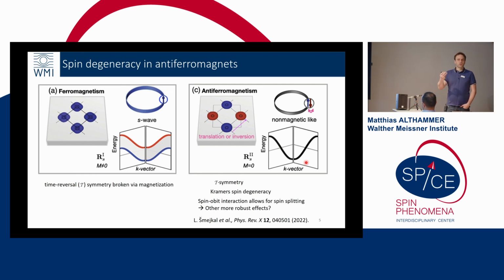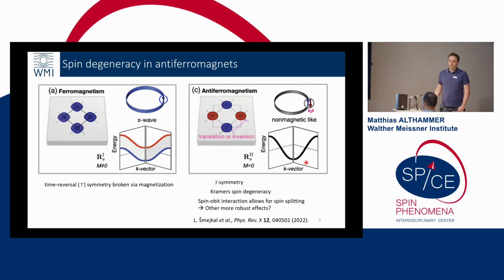Of course, you can always go relativistic and use spin-orbit interaction that allows for spin splitting, but a question that arose in the last 10 years is, are there other effects or more robust effects that we can use to introduce a spin splitting in this?